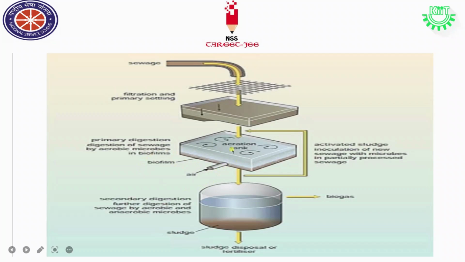From here, the remainder is transferred into the secondary digestion process where further digestion takes place with the help of aerobic as well as anaerobic microbes. The outputs of secondary digestion are the biogas and sludge. This sludge can be used for disposal or can be used as a fertilizer.